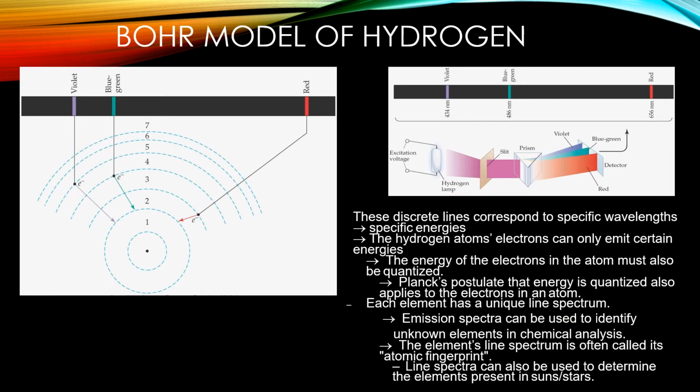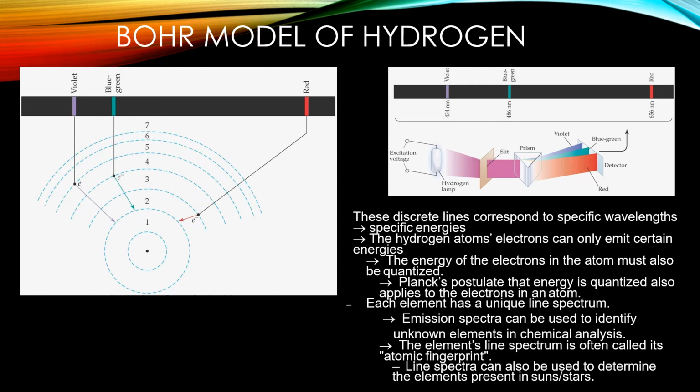Okay, so let's take a quick look at the Bohr model for the hydrogen atom. And on the left side, I've given you a diagram that shows the Bohr model for hydrogen, but it also shows you the visible light that is produced during the excitation of a hydrogen atom. So you'll notice we talked about continuous spectra, where we have all the different wavelengths of light that are being produced.